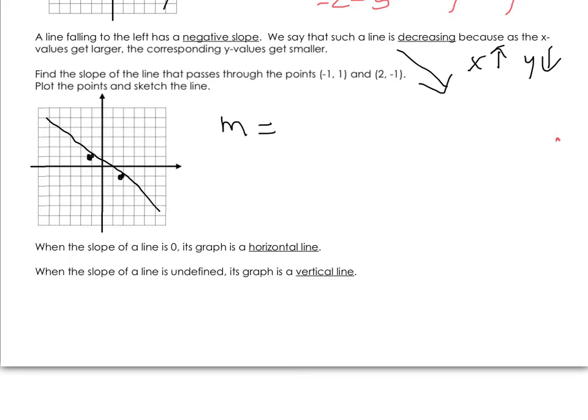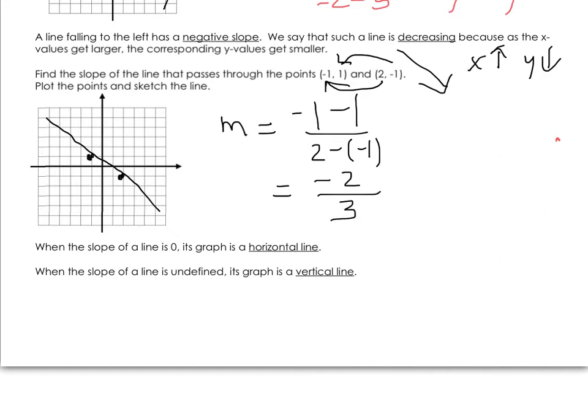We'll subtract the y values, -1 minus 1, over the difference between the x values, 2 minus the -1. That gives us a -2 over a positive 3. So our slope is -2/3.